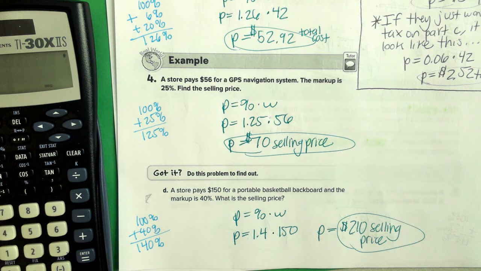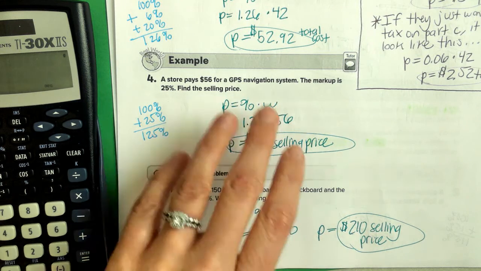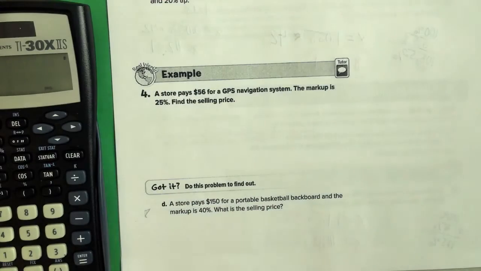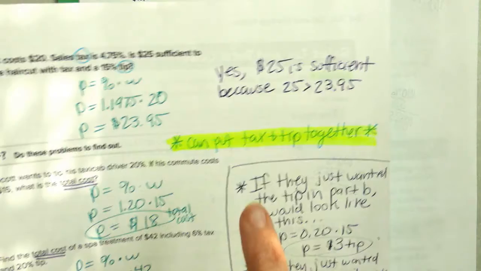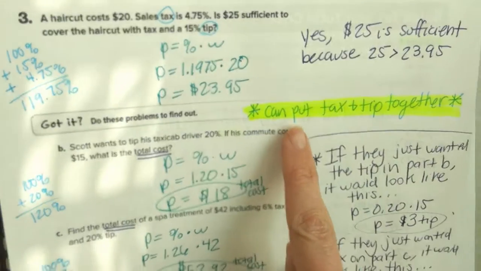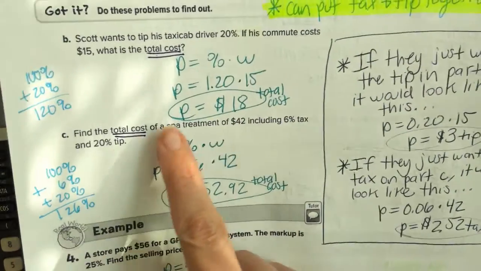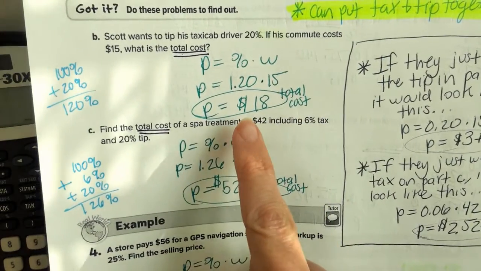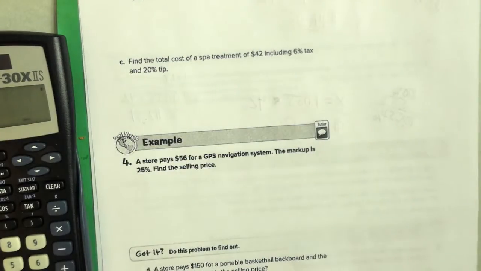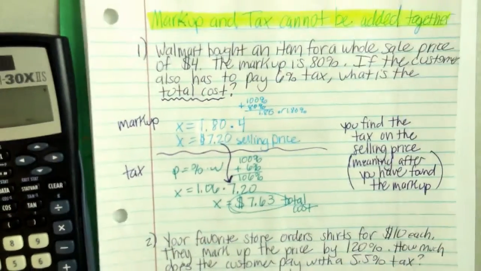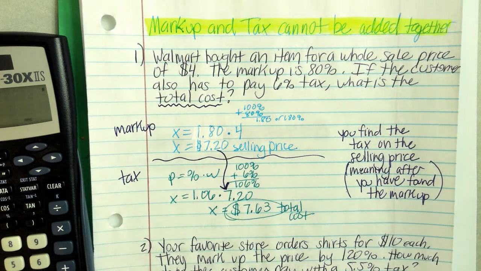Now, we have a couple questions that are not in your paper notes that I gave today, but it is with markup and tax. So before we said we can put tax and tip together, because remember we said we're paying 6% of 42 and 20% of 42. But markup and tax is a little bit different. So for example, it says Walmart bought an item for a wholesale price of $4.